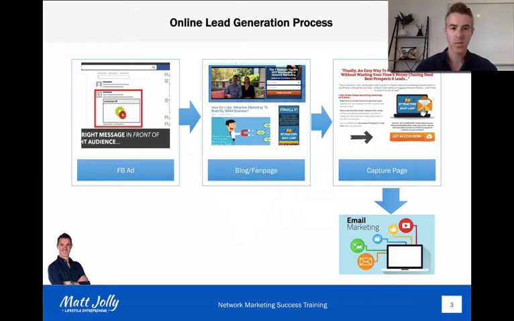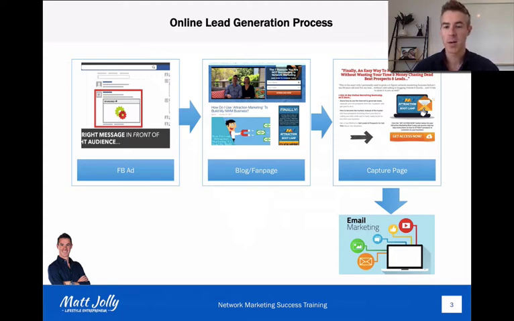So once you've got your Facebook ad set up, then you're going to drive traffic from that ad either to your fan page, through Facebook, your business profile, or to a blog post or to your website. The idea is then from that point is when you start creating value and really assisting them to solve that problem or those problems, or help them build their business or offer solutions to what they're looking for.